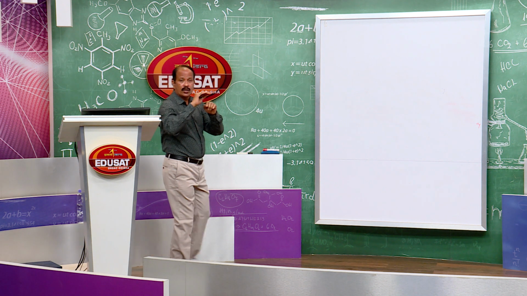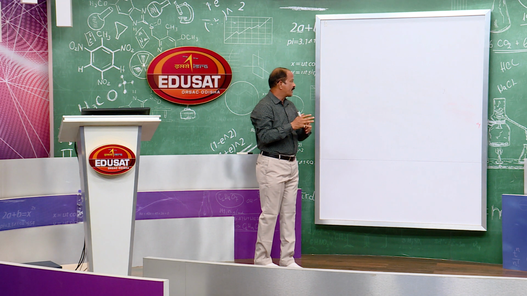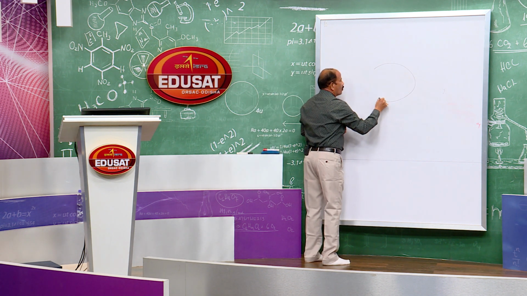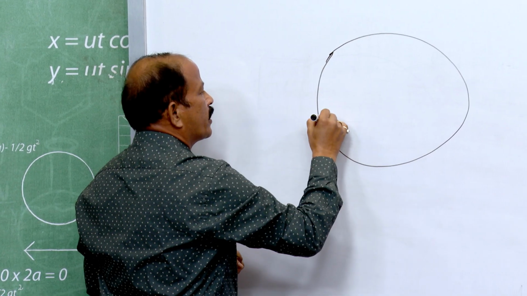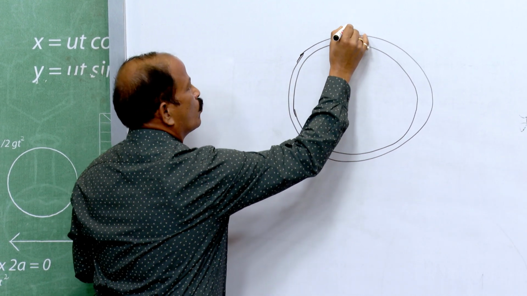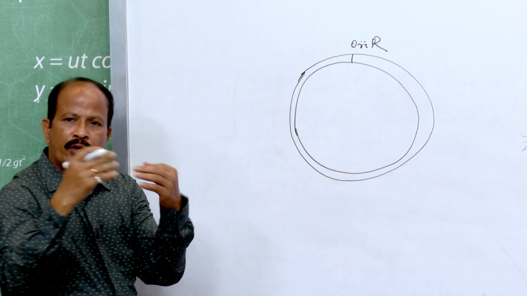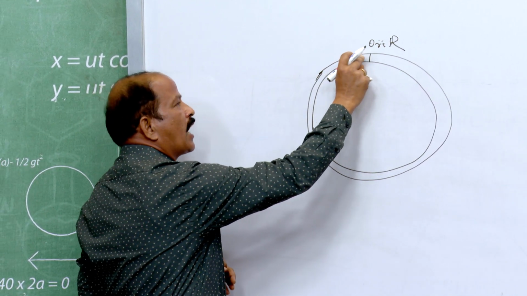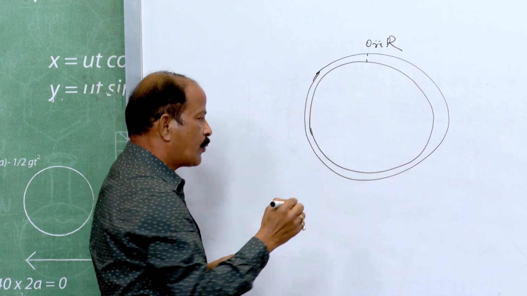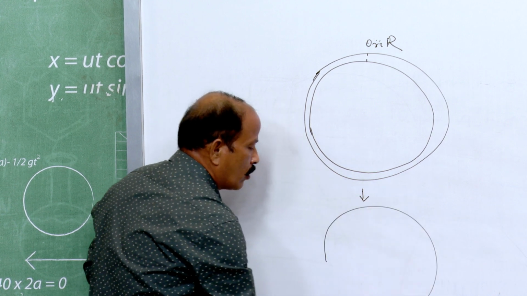So, helicase dissolves the hydrogen bonds and thereby the two strands get separated. If you look at this diagram, this is the chromosome having double stranded DNA, and this point is the origin of replication. There the helicase binds, the hydrogen bonds dissolve and the strands separate. Thereby they create an eye or bubble.